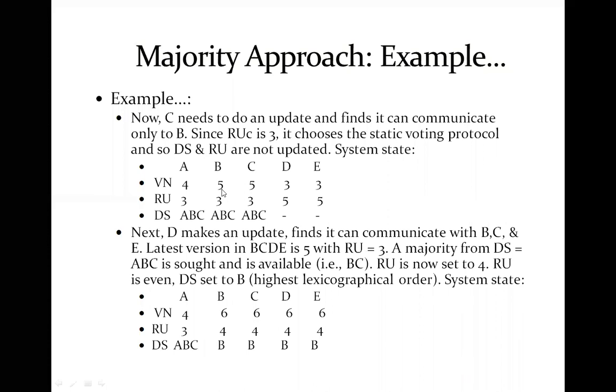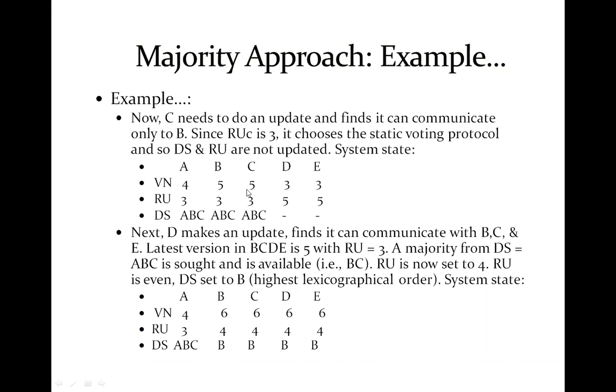But the version number of B and C will be changed from 4 and 4 to 5 and 5. So the sites B and C are not going to change the RU as well as the DS, because it is using the static voting protocol.